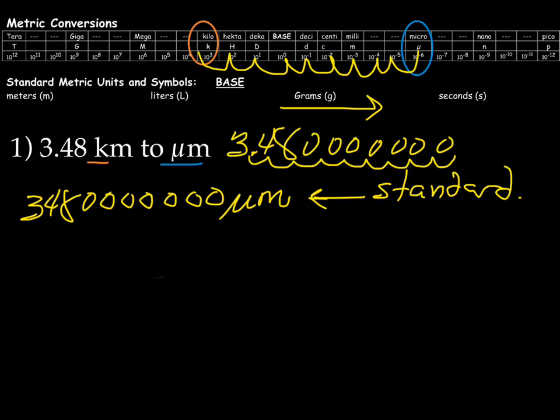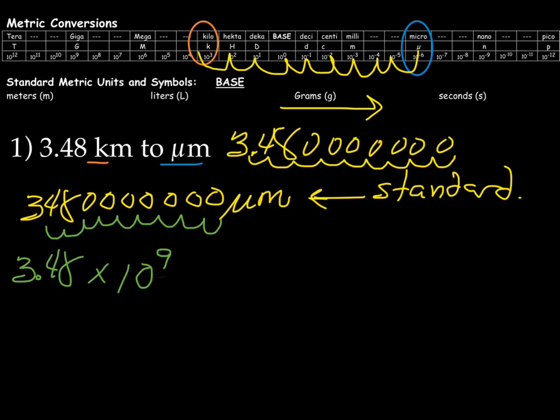All right, and let's now try scientific. If you remember with scientific notation, we need to take our number and make it look like a number between 1 and 9. So we'll end up having 3.48. And then we need to check how many times we needed to move the decimal to get to that point. So we have 1, 2, 3, 4, 5, 6, 7, 8, 9. So our exponent is going to be 9.